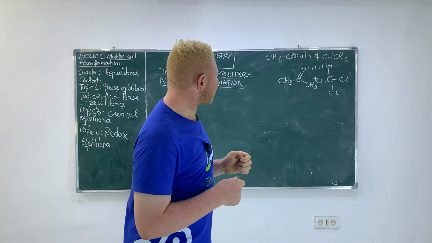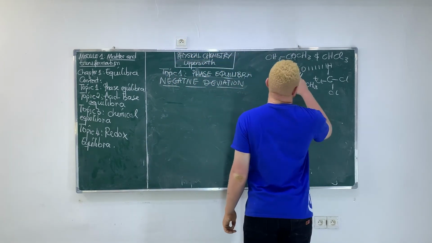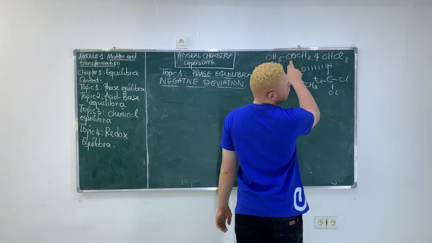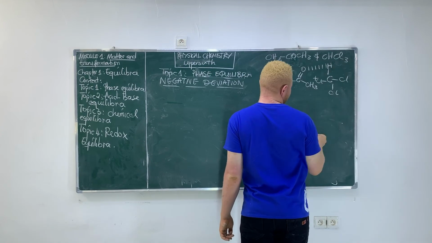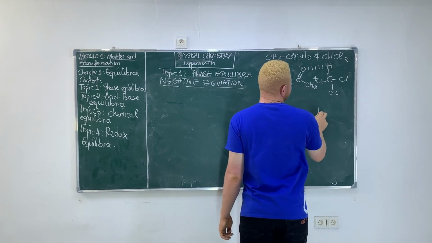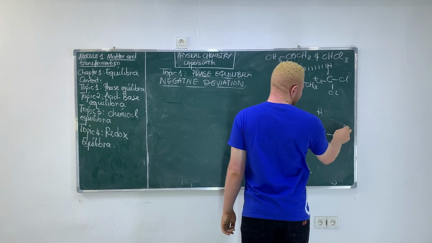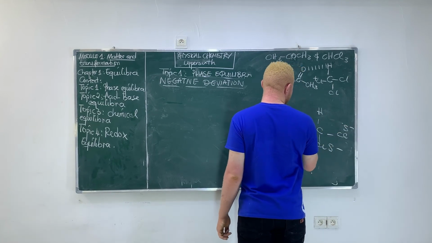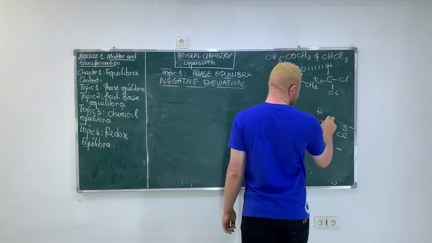So in this case, for propanone, we have dipole-dipole attraction. Here also we have dipole-dipole attraction, because this molecule can be represented like that. We have C, H, Cl, Cl, Cl. Sigma minus, sigma minus, sigma minus. You have 3 sigma plus.